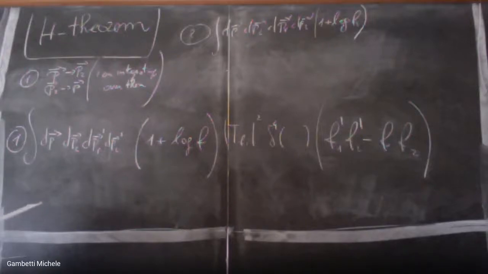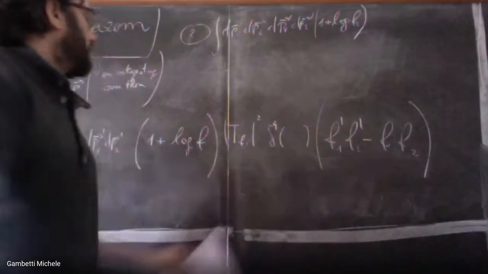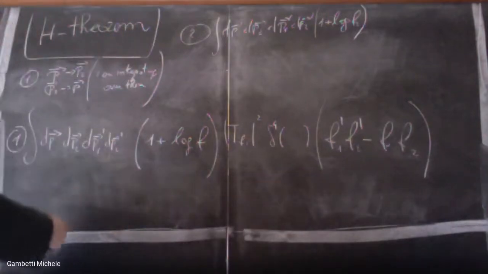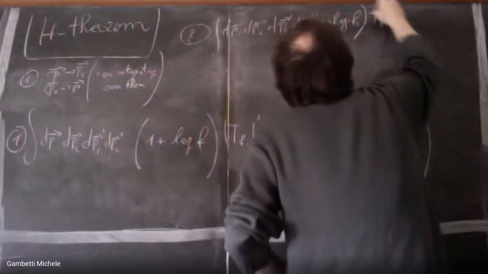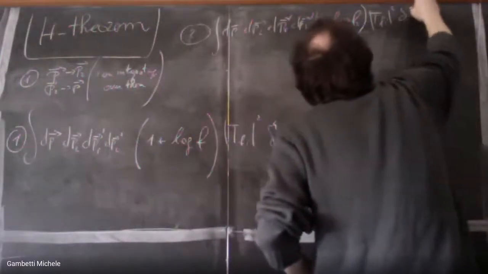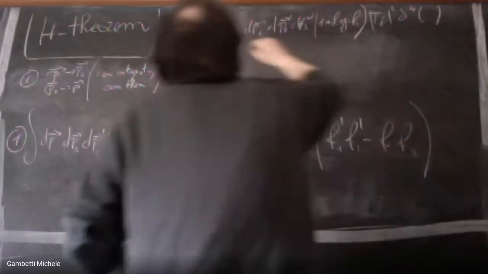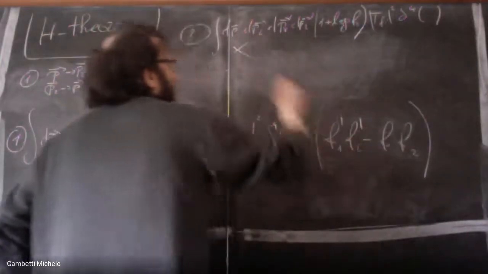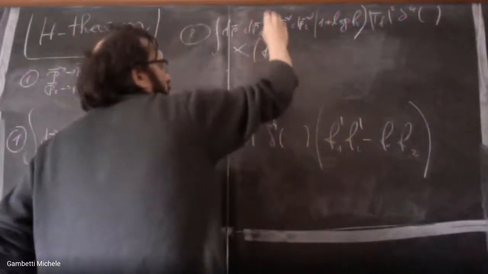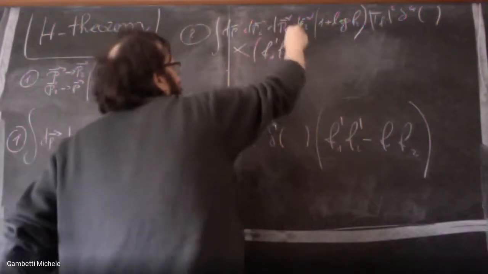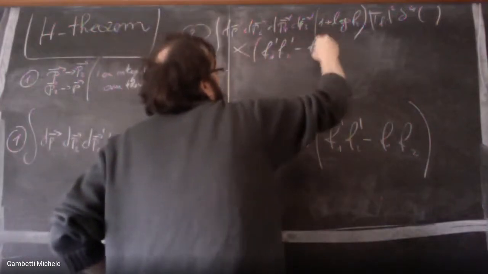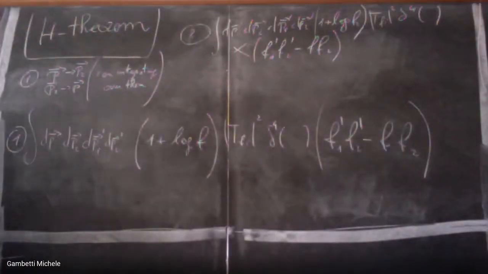And the rest is basically the same, in the sense that the T and the delta 4 are the same, and also this quantity is the same, because we have f1 prime f2 prime minus f f2. This is symmetric with respect to exchange of p and p2.